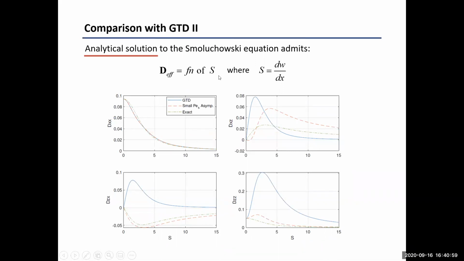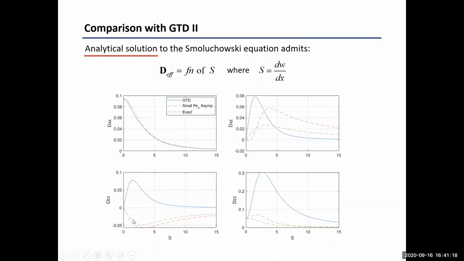If you define the diffusivity using the definition typically used from the variance of the particle, DXZ and DZX are supposed to be identical. But remember that our diffusion coefficient is obtained directly from the Smoluchowski equation, so there is no reason that they have to be identical.